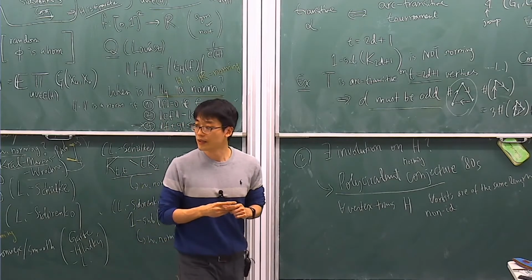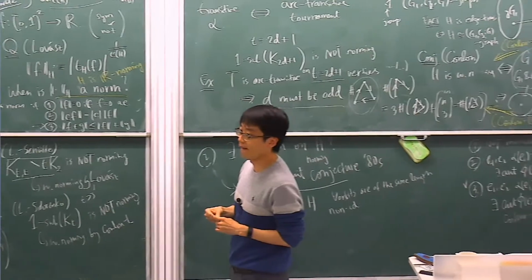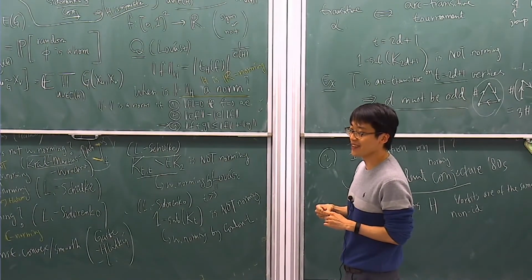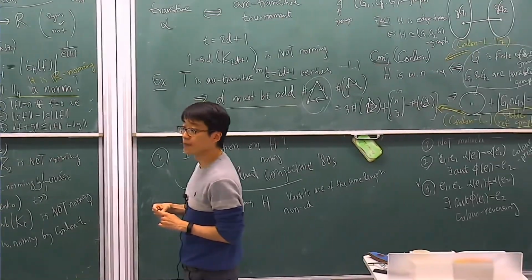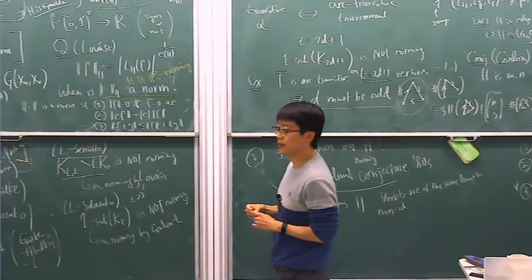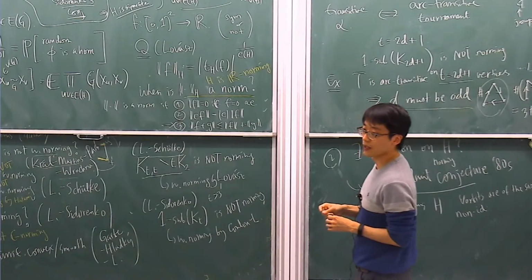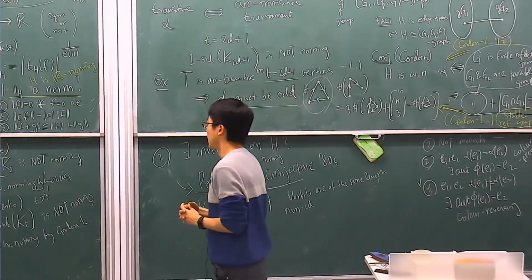So the answer is no, not in general. It's not norming. So property 3, the third property, the triangle inequality, is the most important. And then can you say a weak triangle inequality, something like we can multiply by some constant less than 1 on the left-hand side?